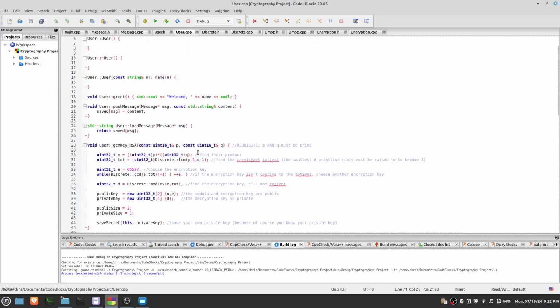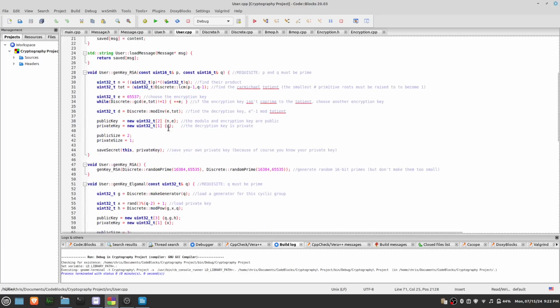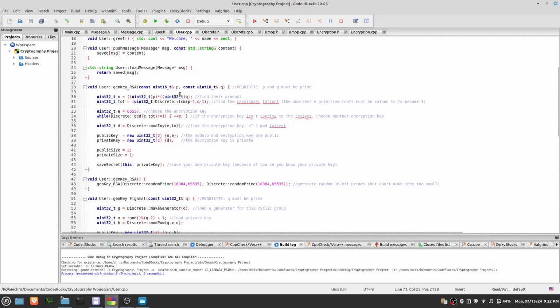So we have generate key RSA. What you do first is generate two random 16-bit prime numbers, and then multiply them together to get your modulo. You find the totient; you want the Carmichael totient because that's usually a little bit better, by taking the LCM of p minus 1 and q minus 1.